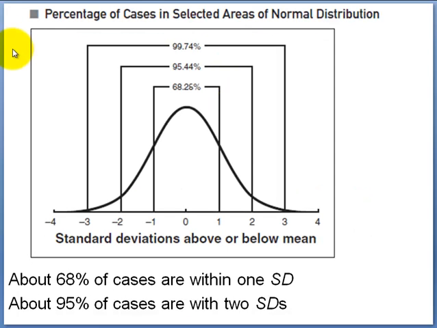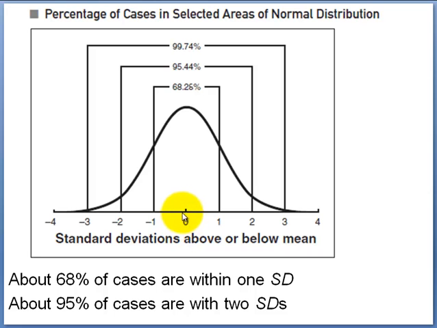This slide depicts the percentage of cases in selected areas of the normal distribution. Now recall that in Chapter 4 you learned how to calculate a variable's, or we could say a distribution's, standard deviation. So the 0 point here in the middle is right at the mean, and we can also say it's right at the mode and right at the median.